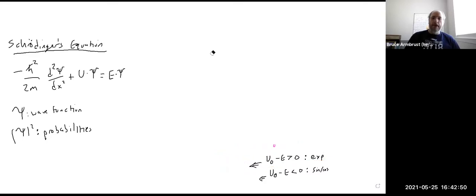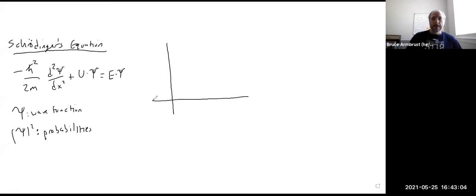So instead of a well where we're trapped between some areas of high potential, we just have an area of high potential that gets in the way. If we come back to this, this is going to be our potential energy, and this is our position.